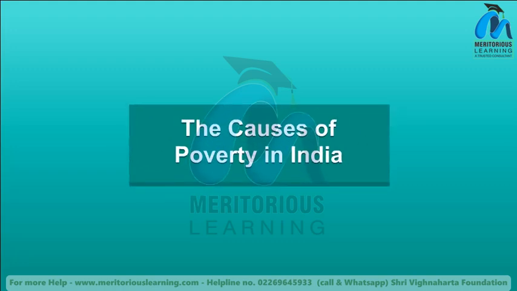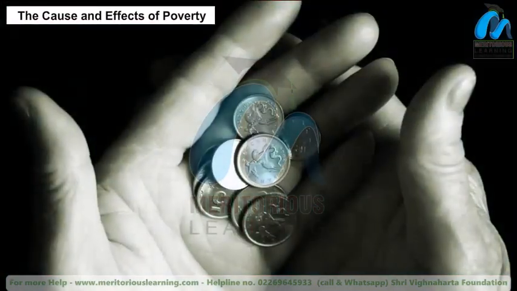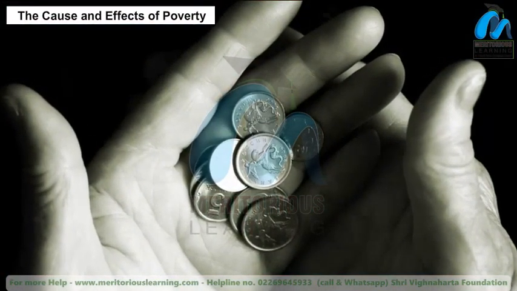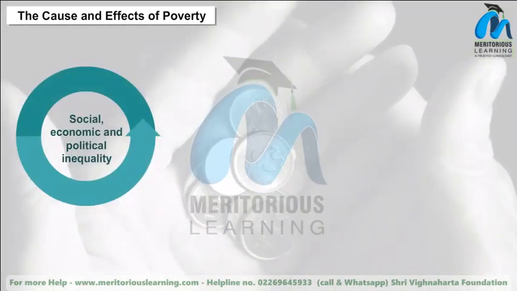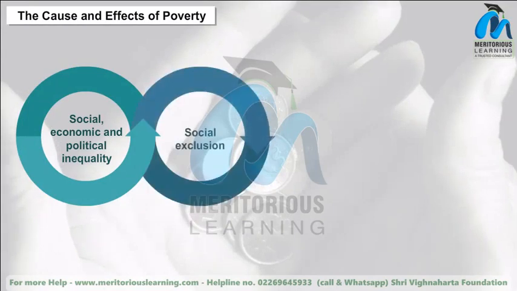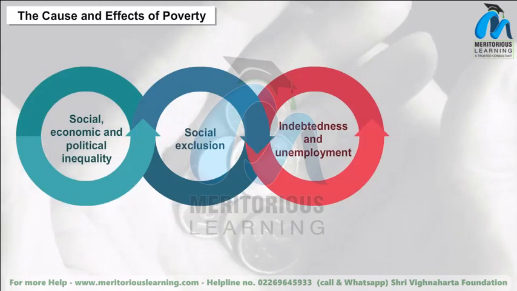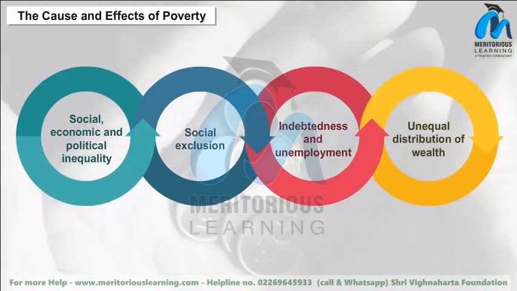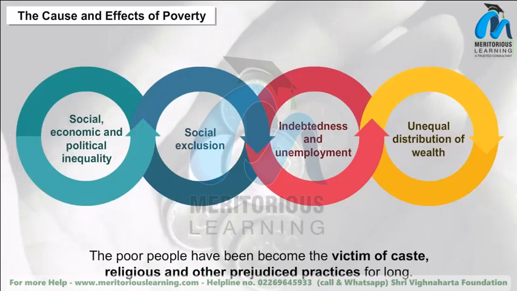The causes of poverty in India. The causes and effects of poverty. For reasons of social, economic, and political inequality, social exclusion, indebtedness, unemployment, and unequal distribution of wealth, poor people have been victims of caste, religious, and other prejudiced practices for long.